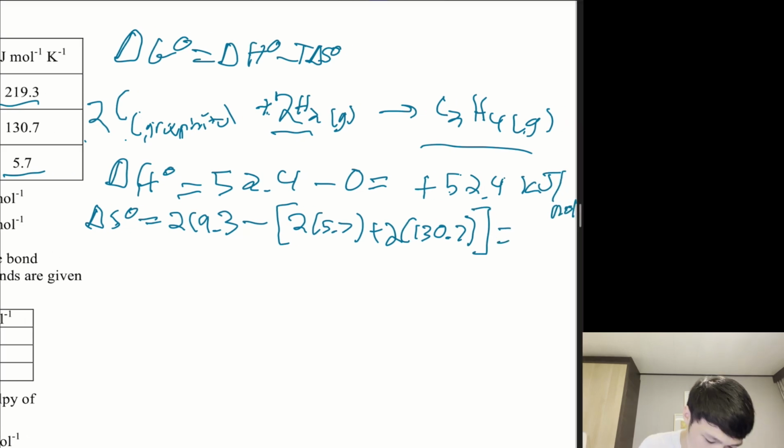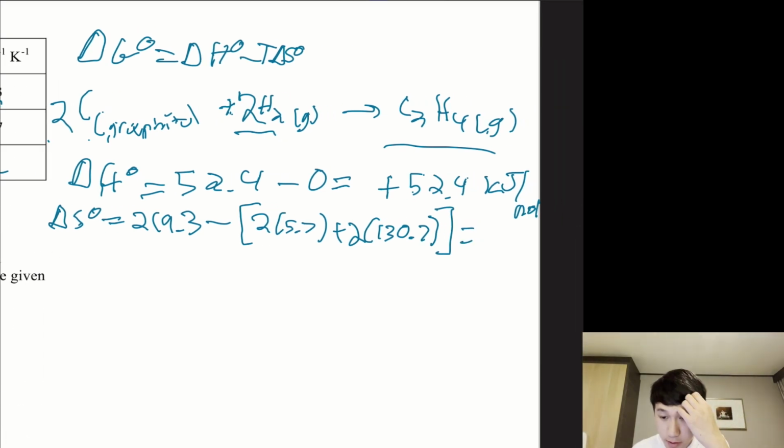And this equals negative 53.5 joules per mole Kelvin.